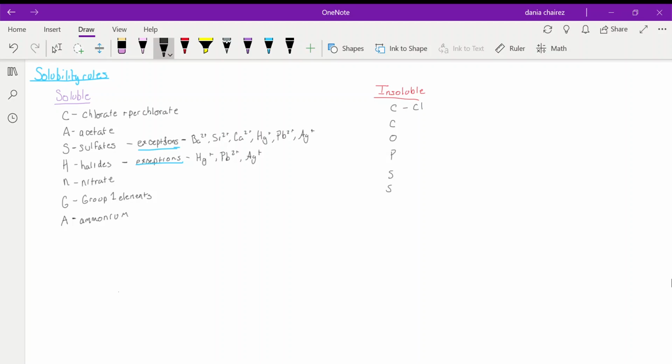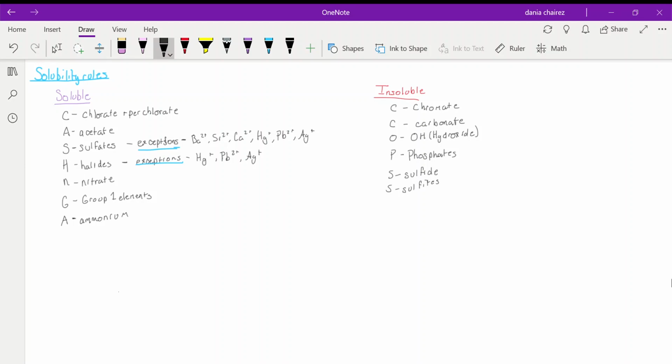You have your chromate, carbonate, OH, which is also known as hydroxide, your P, which is phosphates, your S, which is sulfide, and your other S, which is sulfites.